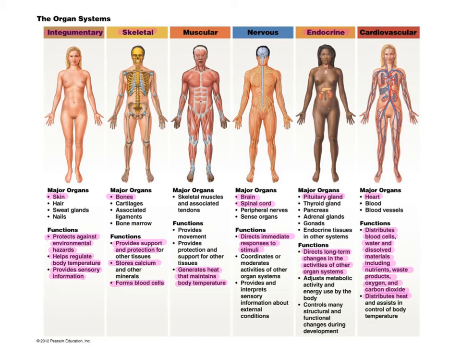And number 6 would be the cardiovascular system, and the major organ would be the heart, and the major function would be to distribute blood cells, water, dissolved materials, including nutrients, waste products, oxygen, and carbon dioxide.